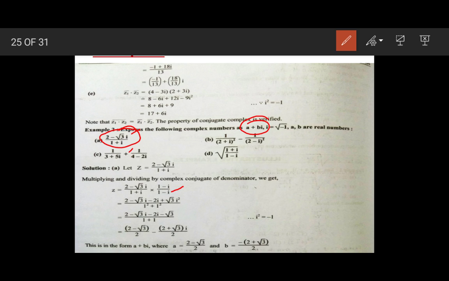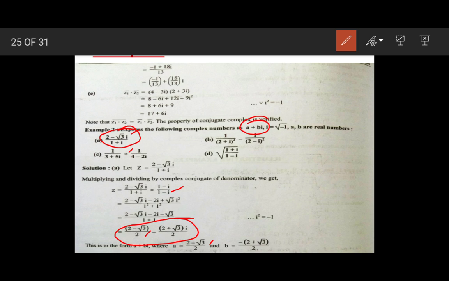We'll multiply numerator and denominator by 1 minus i, and after solving this we get 2 minus root 3 upon 2, then minus 2 plus root 3 upon 2 i. So this is nothing but a plus bi, where a is 2 minus root 3 upon 2 and b is minus 2 plus root 3 upon 2.